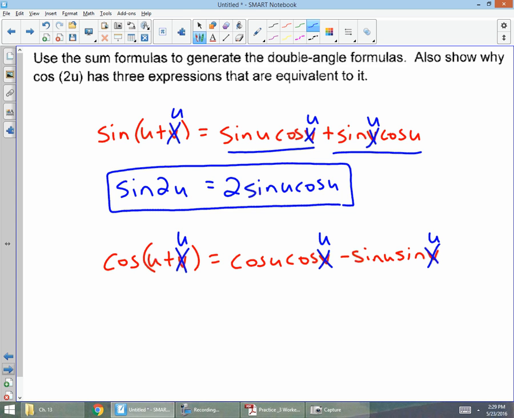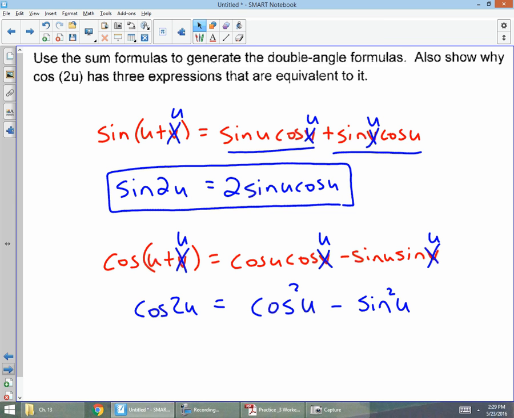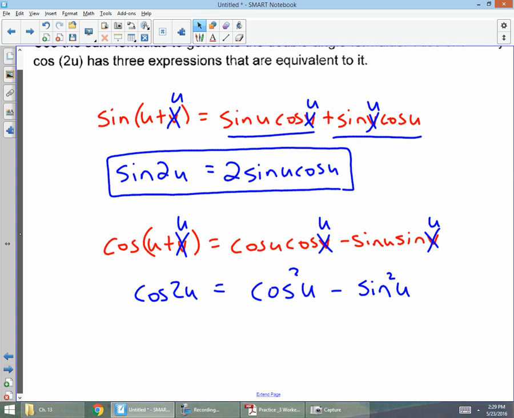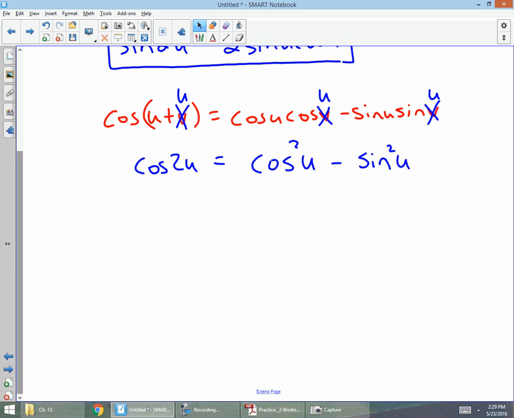On this one, we notice we get cosine multiplied by cosine, so it's the cosine of u squared minus the sine of u squared. So it's cosine minus sine, and that equals the cosine of 2u, which looks similar to the question that we just finished before, except it was opposite of that. It was a positive sine and a negative cosine, which is why we needed to change that to a negative cosine of 2u.